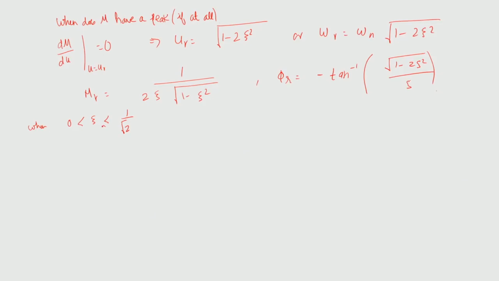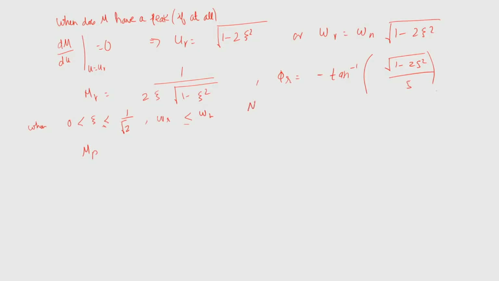So, when zeta is between 0 and 1 over square root 2, the resonant frequency Wr always has a value which is less than or equal to omega n, and then the resonant peak MP for these values, 0 to 1 over square root 2.